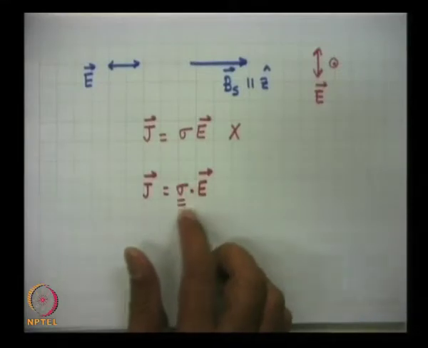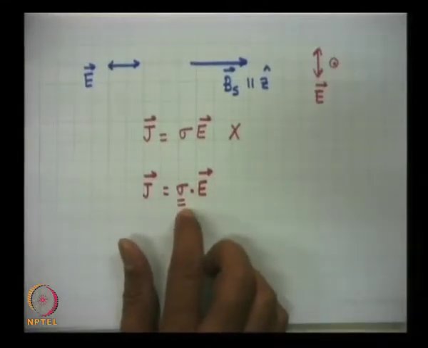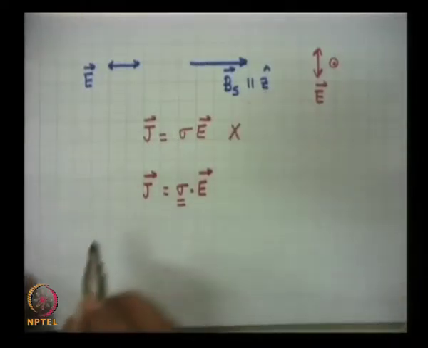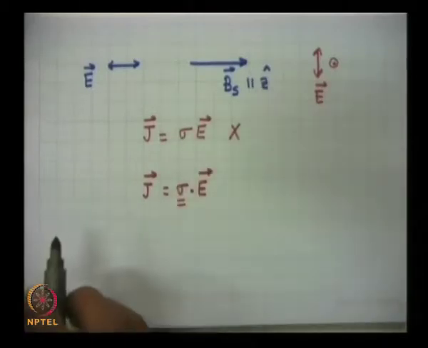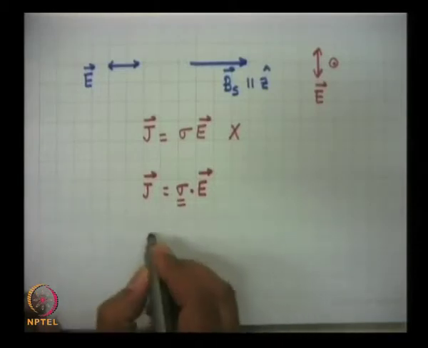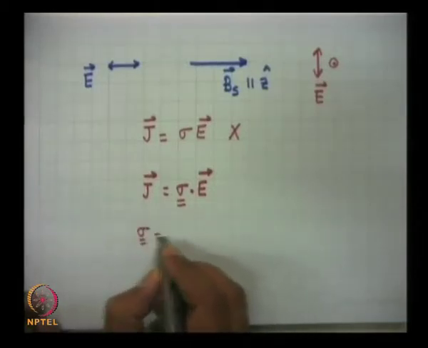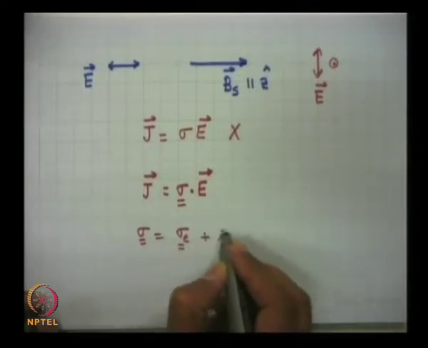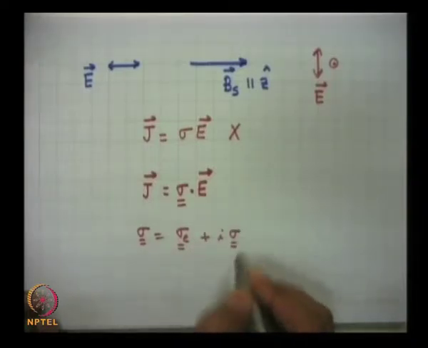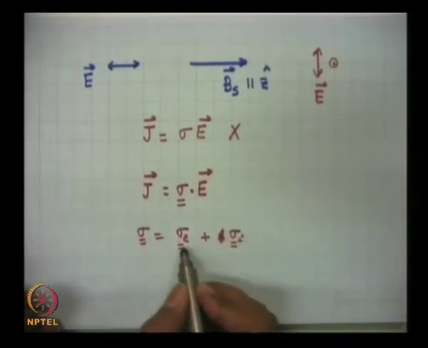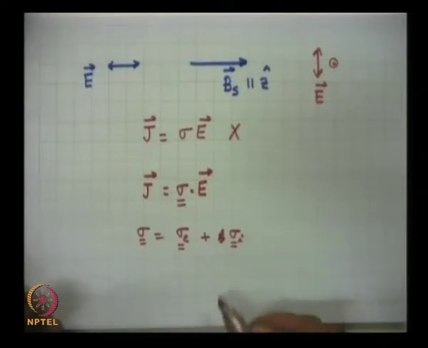So, this is a conductivity tensor, and we had deduced an expression for this. If my magnetic field is chosen in the z direction, the conductivity tensor was the sum of two terms: an electron conductivity tensor plus an ion conductivity tensor.